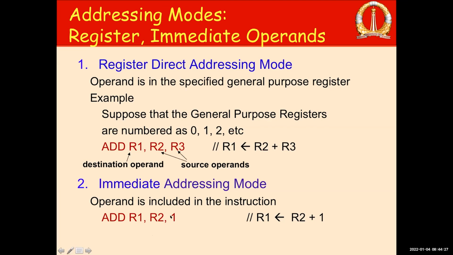Typically, you have cases where you want to add 1 or subtract 1 or add 4 or subtract 8 and so on. So those could be achieved using the immediate addressing mode, in which the operand value is actually specified as a part of the instruction. So this is embedded in the instruction format itself.